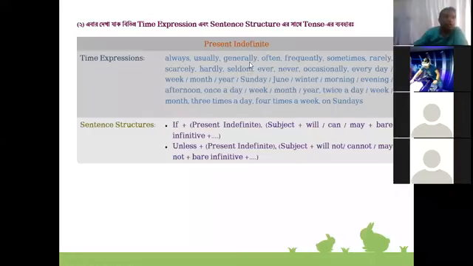Is there any word that you don't know in this table? Seldom. Look from here: rarely, scarcely, hardly, seldom. They all mean the same.